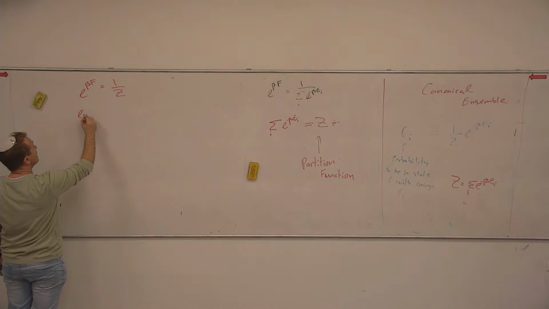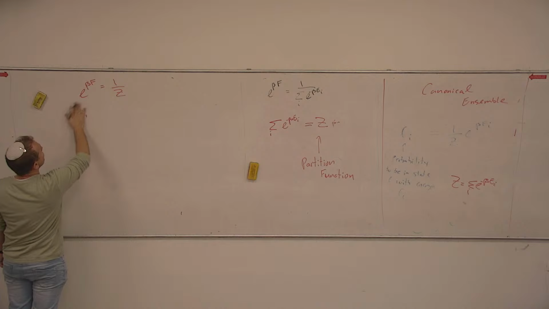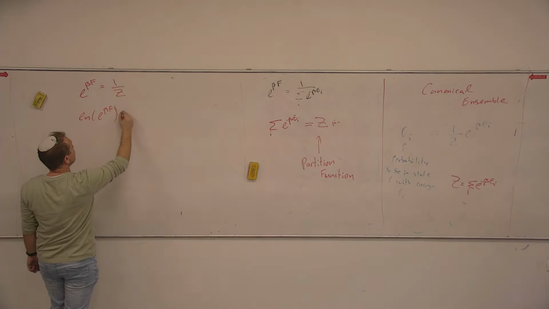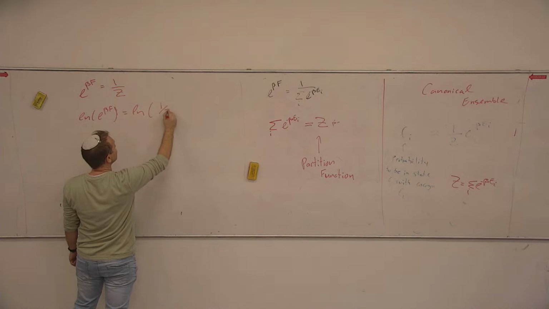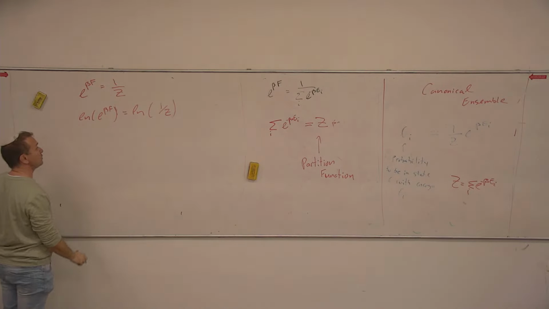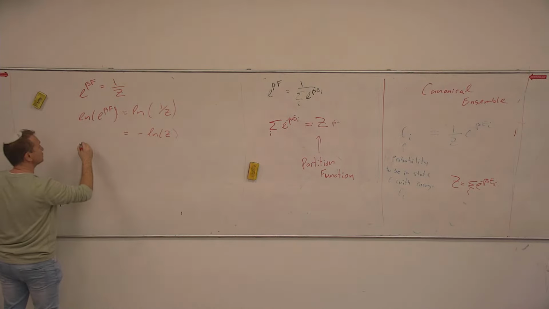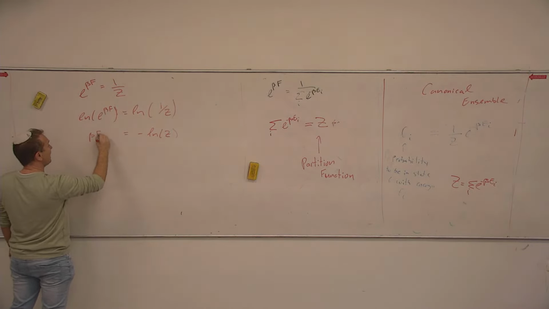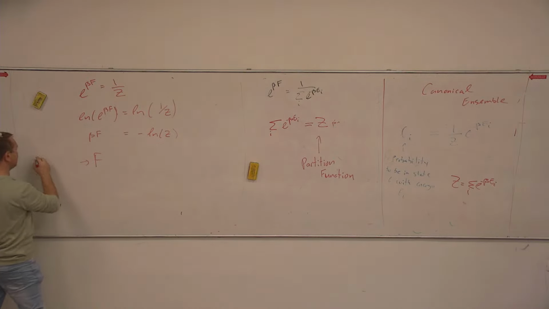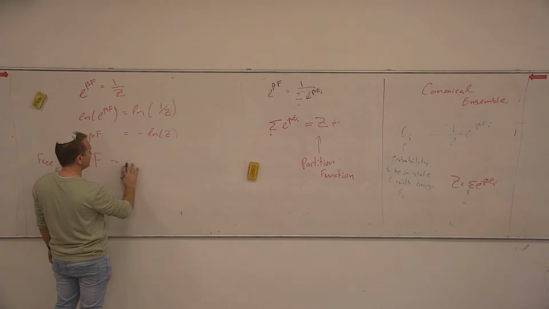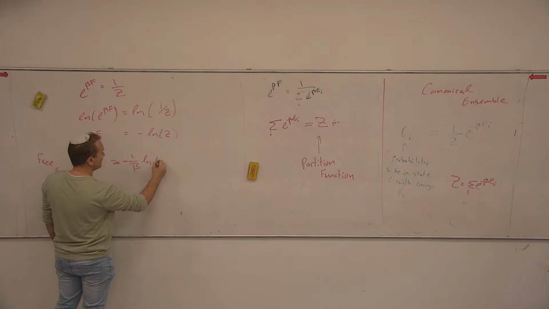So log of e to the power beta F equals log of 1 over Z. And we obtain minus log of Z equals beta F, and F, this is the free energy, equals minus 1 over beta log of Z.